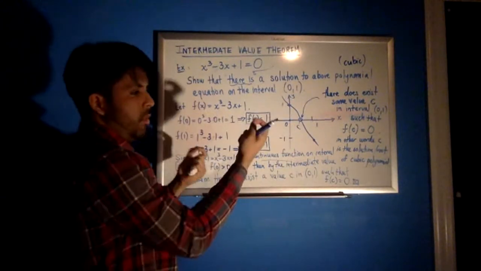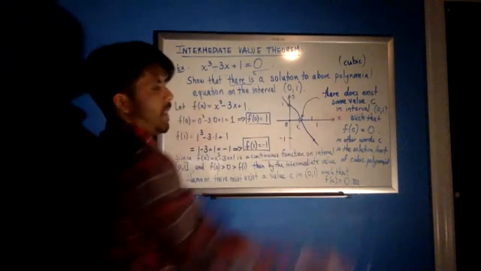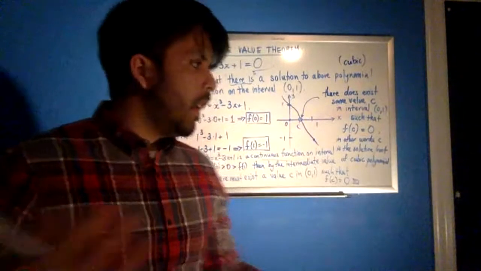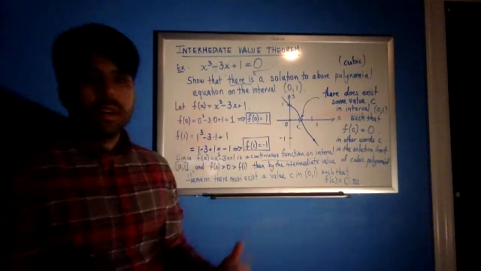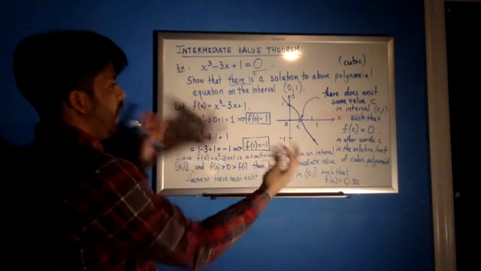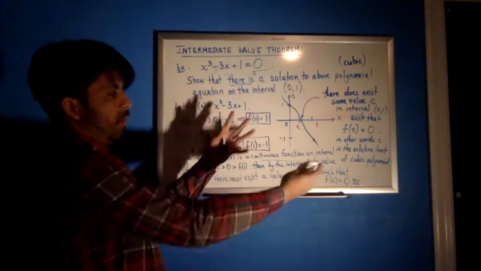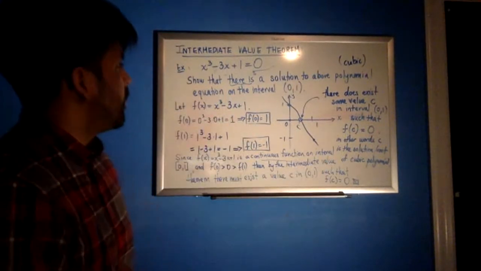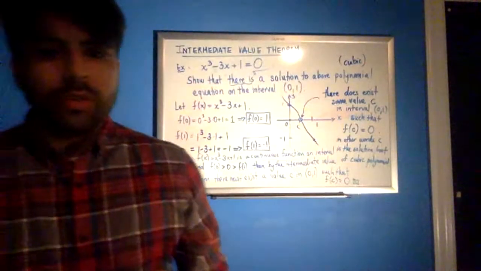Because it's continuous and because of these endpoints, there has to be some point in between that crosses the x-axis, and therefore I have shown that such a value does exist. And so that would be a complete response to showing that a solution does exist.